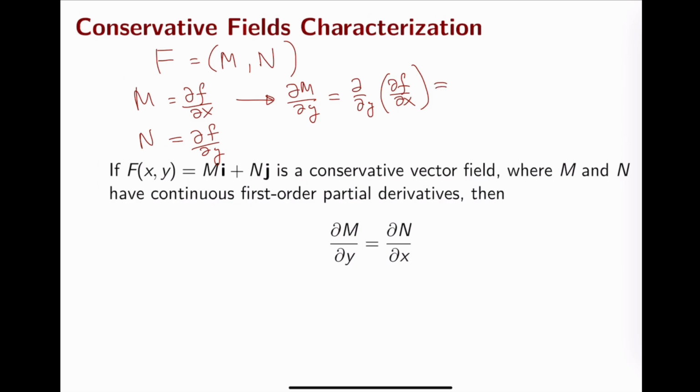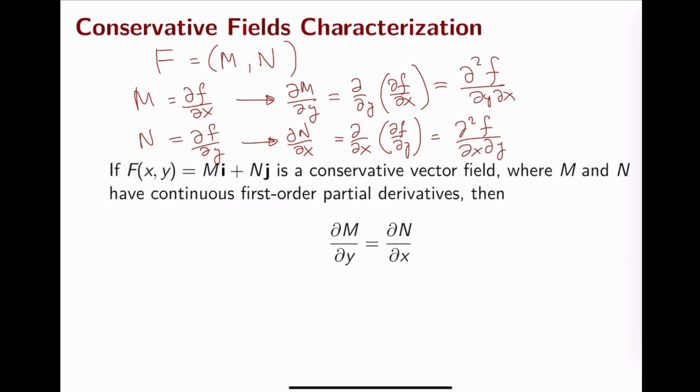And we know that this is nothing but the second derivative of f with respect to y and x. And if we do the derivative of the component n with respect to x, we are doing the derivative with respect to x of the derivative with respect to y. And this is nothing but the second derivative of f with respect to x and y.